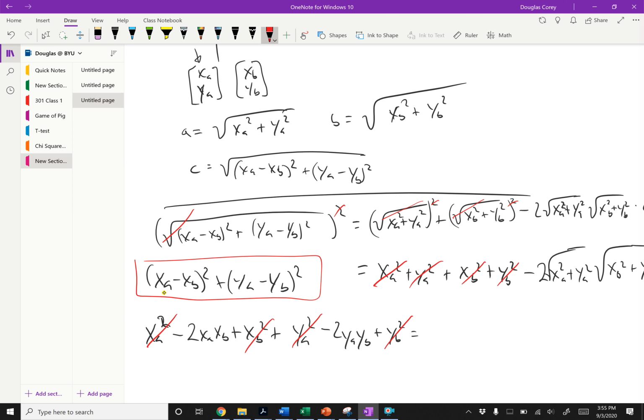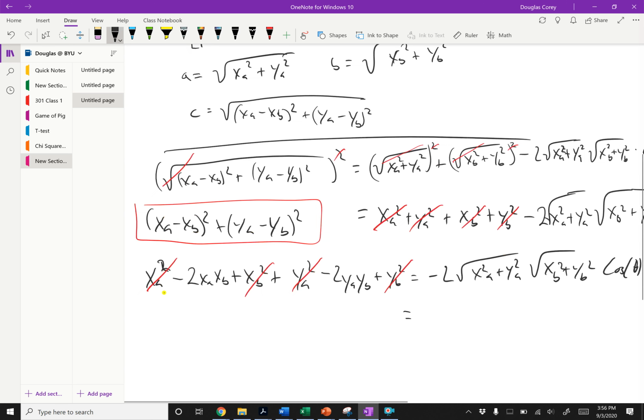Okay, got them added to both sides. Let's just get rid of those. And all I'm left with on the left-hand side is minus 2 x a x b, plus y a y b, equals minus 2 square root of x a squared plus y a squared times square root of x b squared plus y b squared times the cosine of theta.